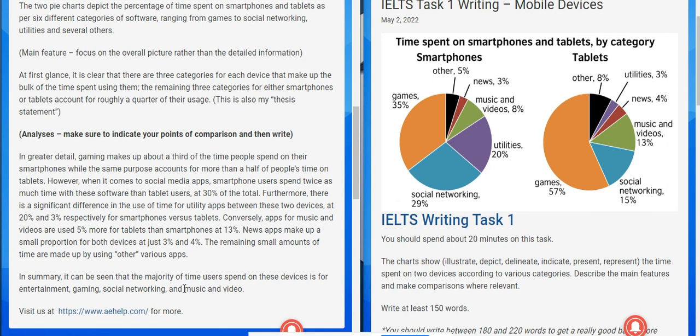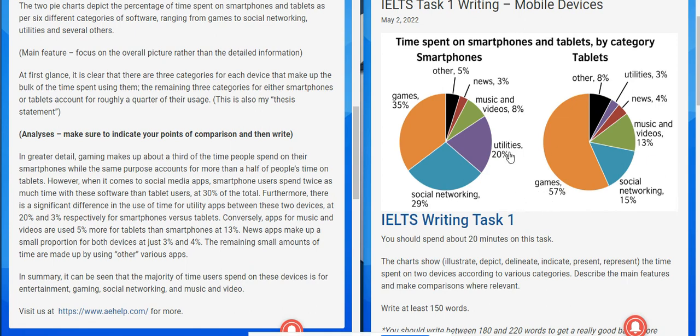The overall is the main point that you have to write after the introduction or after the main body paragraphs. So these are the main three things you have to write: introduction, conclusion or overall, and main body paragraphs. You can write by yourself.